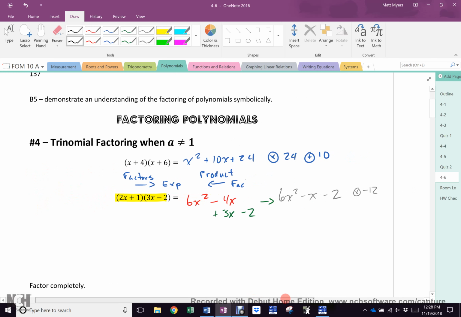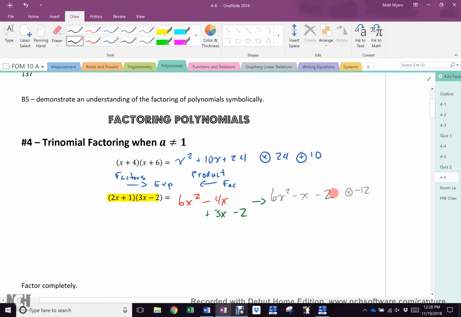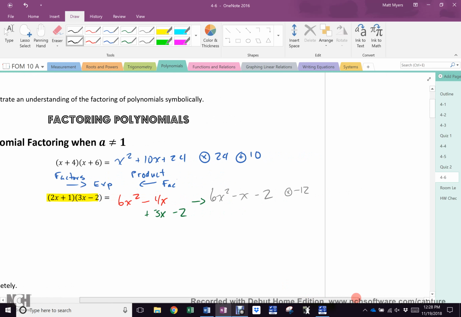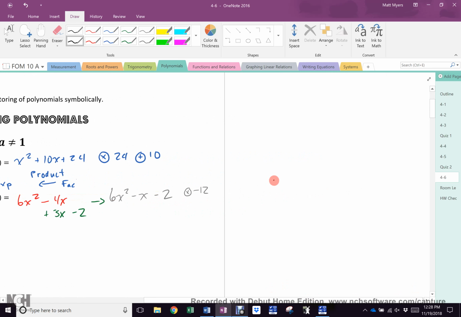Now, let's go from here, and I'm going to slide off the page because I want to show you something. So, I now have a 6x squared minus x minus 2, and I need to multiply to negative 12. Everybody agree? Now, I know that I'm going to end up with something, something, something, something, right?